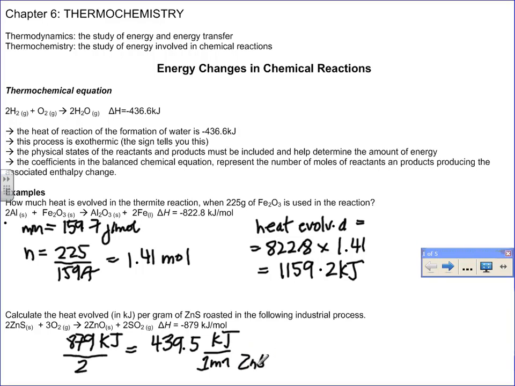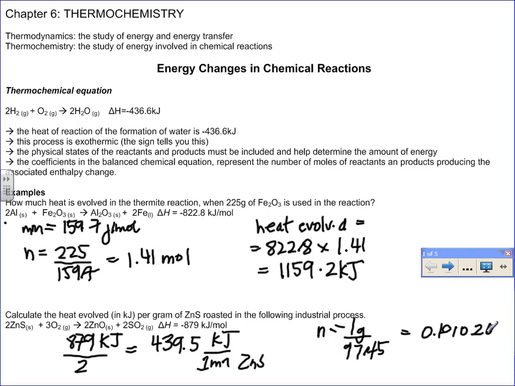And if we're dealing with 1 gram, then the number of moles of the zinc sulfide is 1 divided by its molar mass, which is 97.45, or 0.01026.